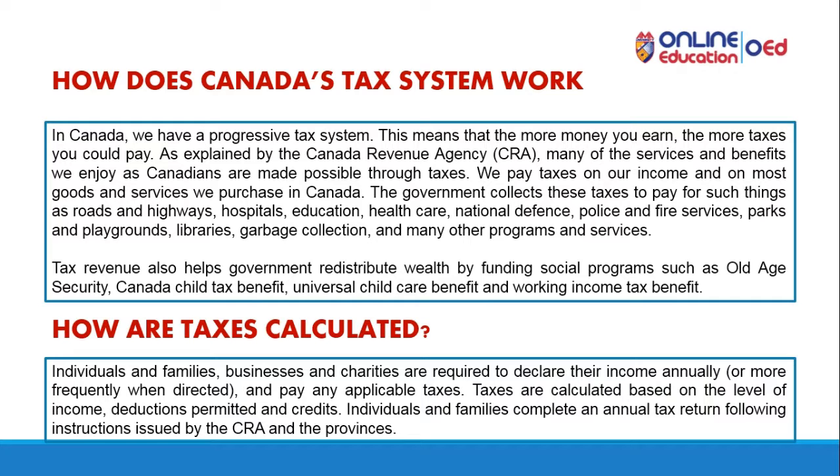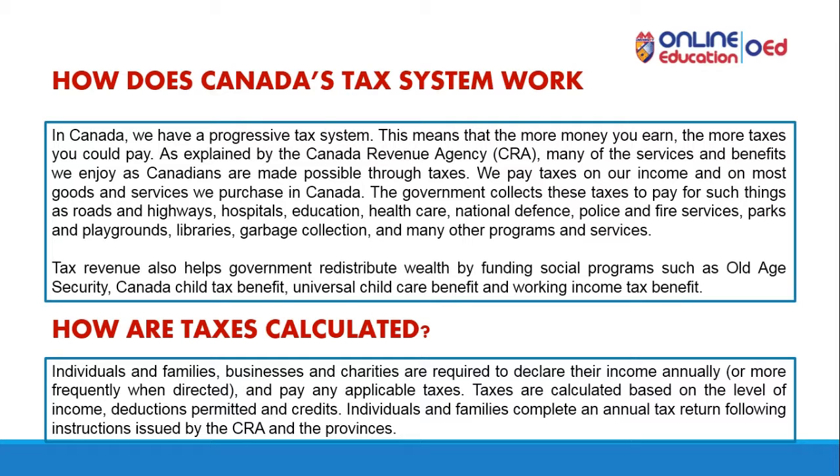So tax revenue also helps the government redistribute wealth by funding social programs such as Old Age Security, Canada Child Tax Benefit, Universal Child Care Benefit, and Working Income Tax Benefit. So all the taxes that the businesses are paying go straight to a good benefit.